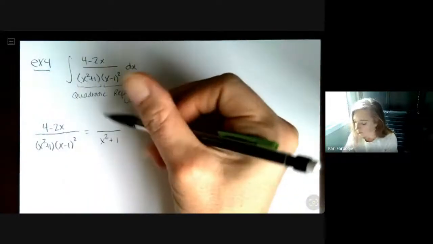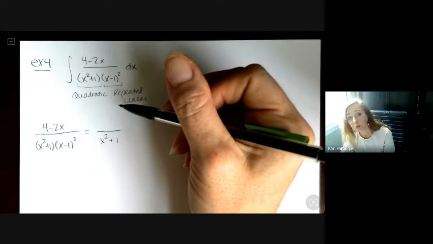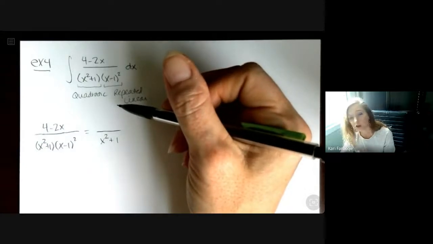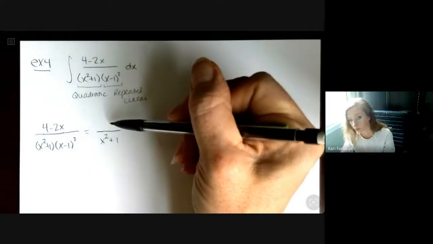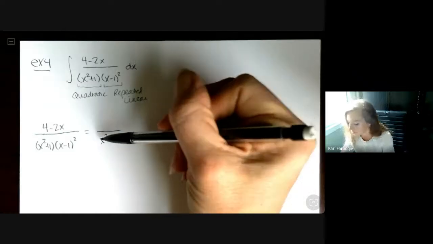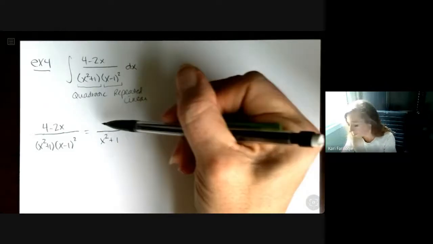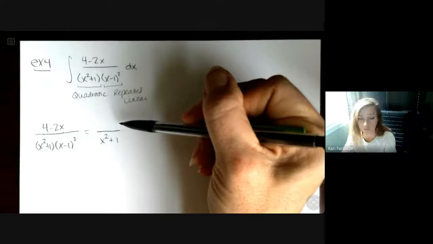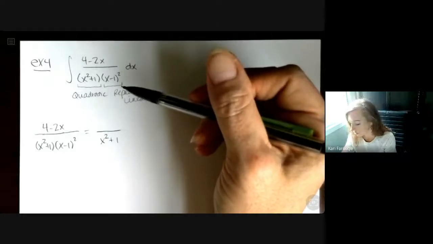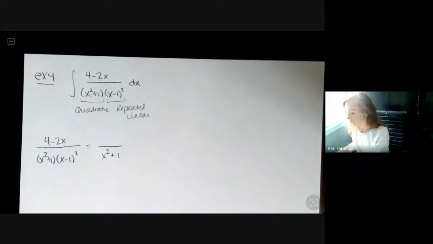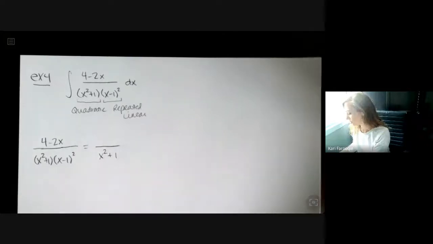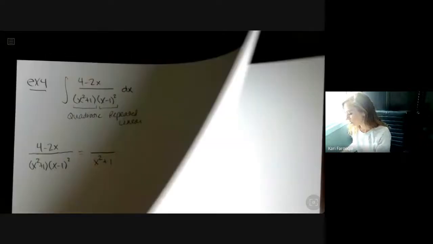For a quadratic factor, remember how I said that the numerator in your partial fraction expansion always needs to be 1 degree less than the denominator? So this denominator is quadratic, so you want your numerator to be linear. It's going to have to be written in a linear form. If you'll remember, we talked about linear forms right away. We said that a linear form was something in the form of ax plus b.